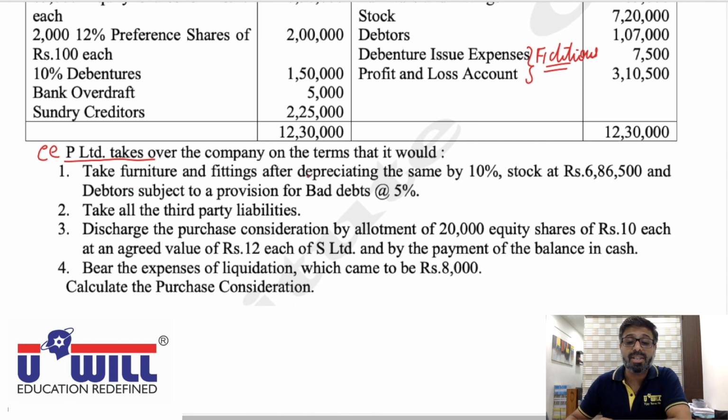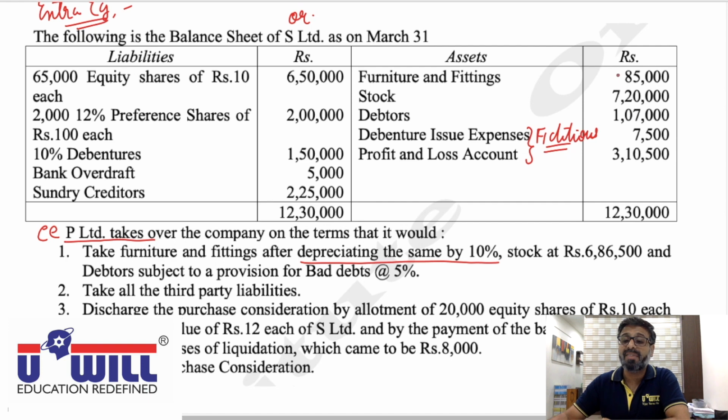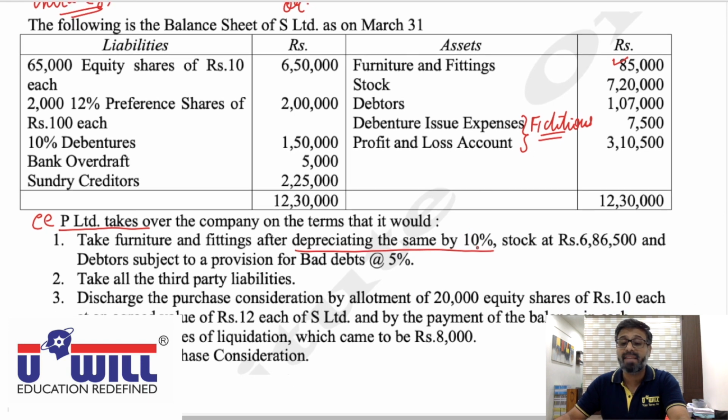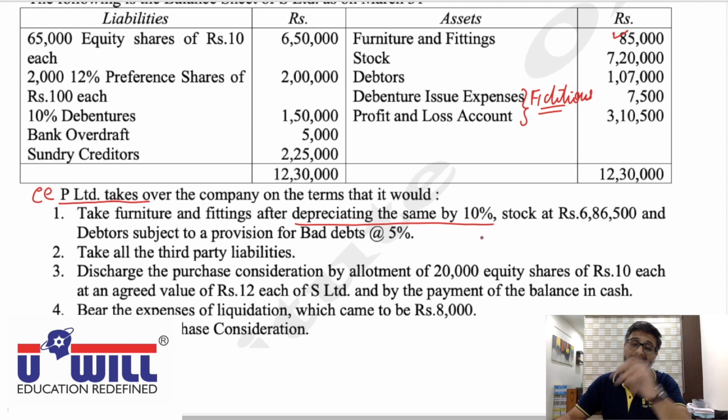Now take furniture and fittings after depreciating the same by 10%. Furniture and fittings are 85,000, depreciating by 10%, so its agreed value will become 85,000 minus 10%, that is 8,500, so 76,500. You can work it on the calculator. Stock.